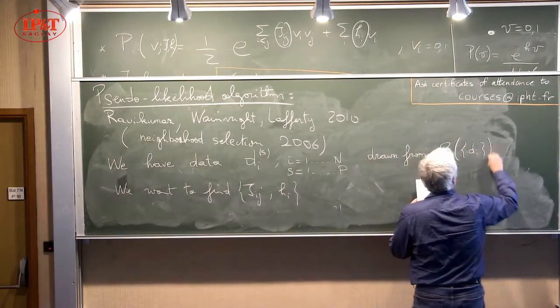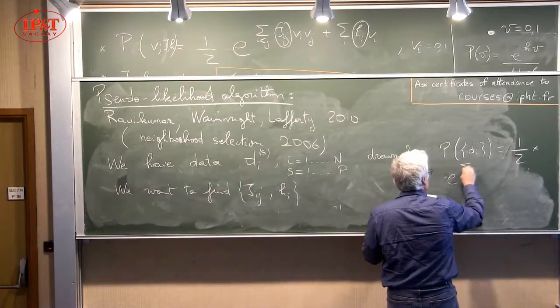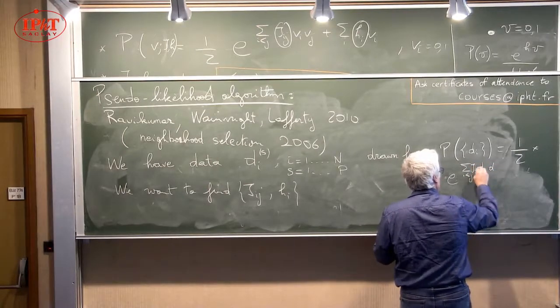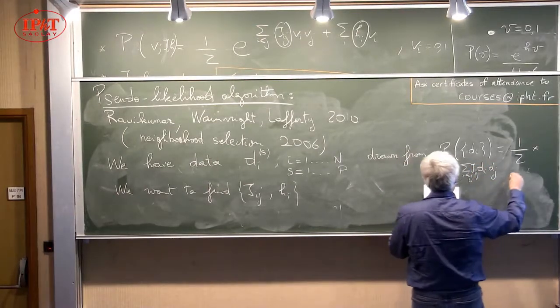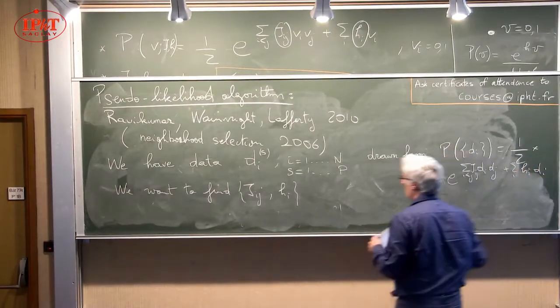So the probability of d in that case will be 1 over Z times the exponential of the sum over i, j of d_i d_j J_ij, plus the sum over i of h_i d_i. Okay, and we would like to find back the parameters.